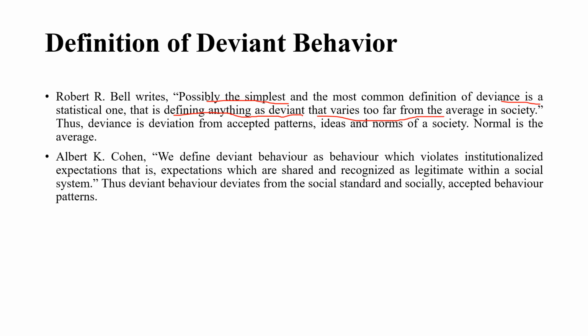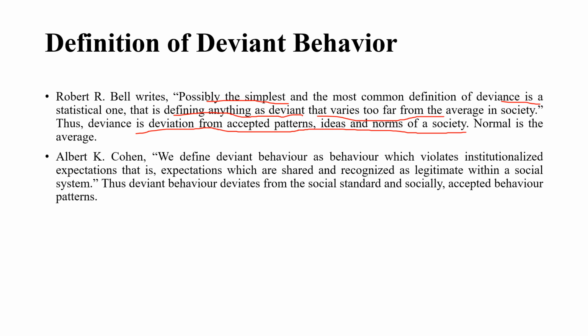But if you're going far from those middle terms or middle numbers, then it is problematic. He's trying to draw the analogy with deviant behavior, right? So deviance is a deviation from the accepted patterns, ideas, and norms of the society.